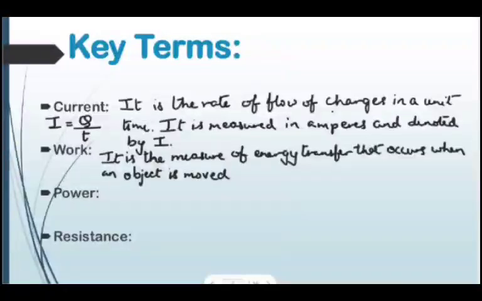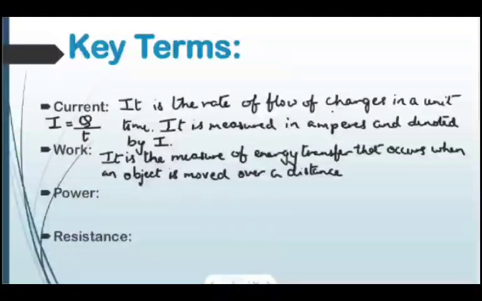If you're sitting in one place and maybe memorizing something or reading something, but you're not moving, that means you're doing no work. So, an object is moved over a distance.